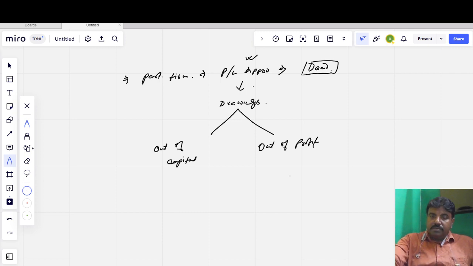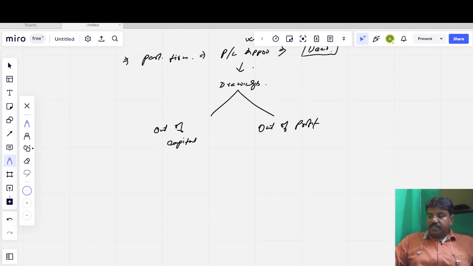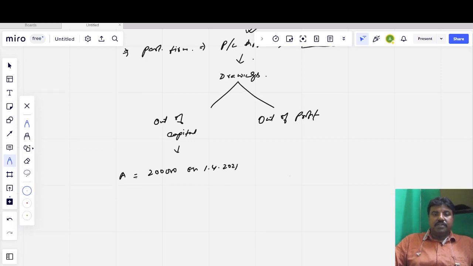Now, drawings out of capital means, suppose a partner A has contributed 2 lakh in a partnership firm on 1st April 2021. After 3 months, A withdrew 50,000 from the business, as on 30th June 2021.